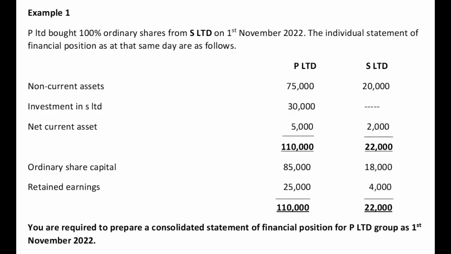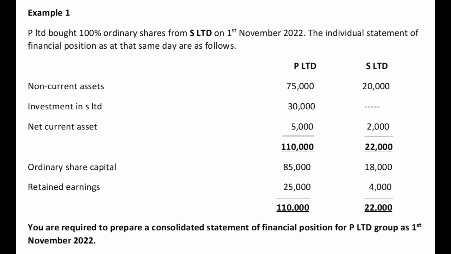Okay, so the first question we are going to treat: P Limited bought 100% ordinary shares from S Limited on 1st November 2022. The individual statements of financial position as at that same day are as follows.